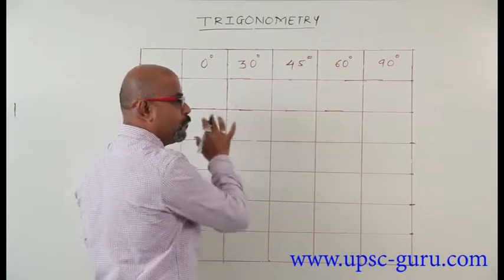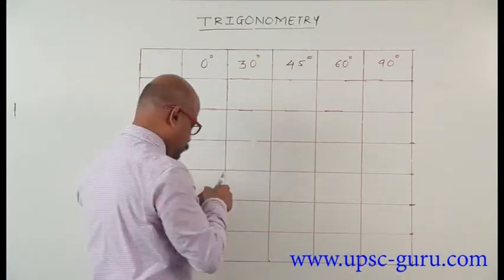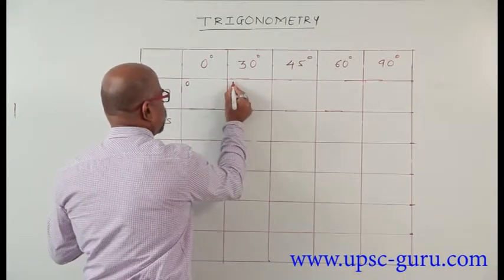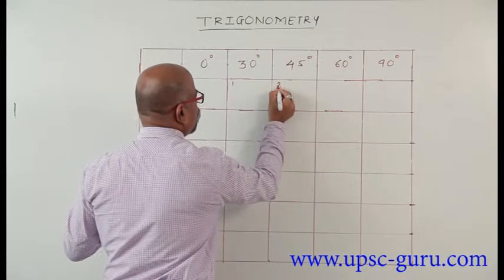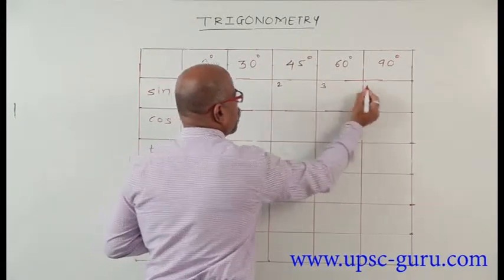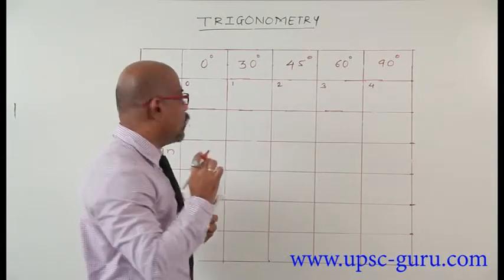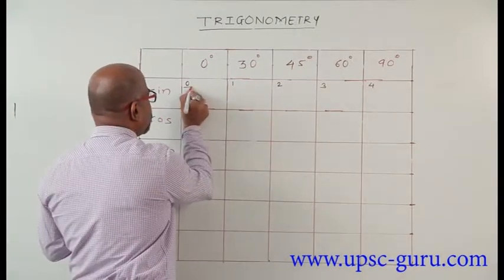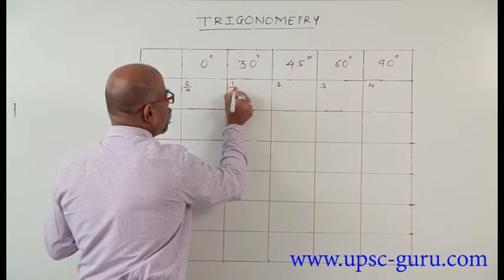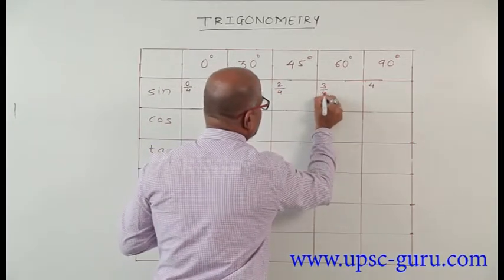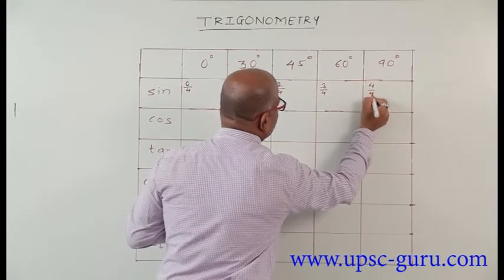For the first ratio, sine, I write here 0, 1, 2, 3 and 4, 0 to 4. Now divide each of these numbers by 4: 0 by 4, 1 by 4, 2 by 4, 3 by 4 and 4 by 4.